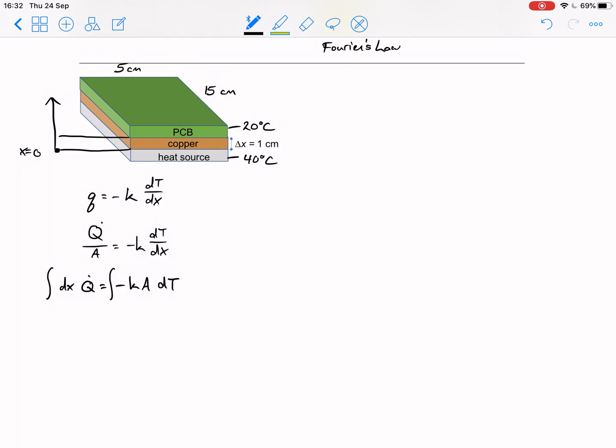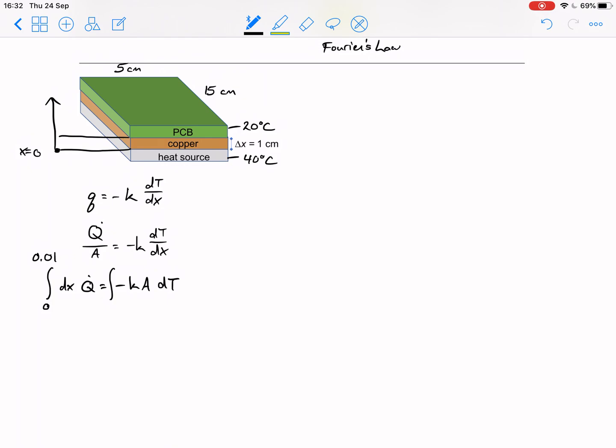I'm going to convert the units right now from centimeters into meters because our thermal conductivity is going to be in units of watts per meter Kelvin. So we'll integrate from 0 meters to 0.01 meters.